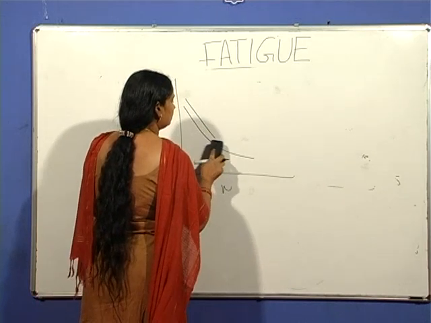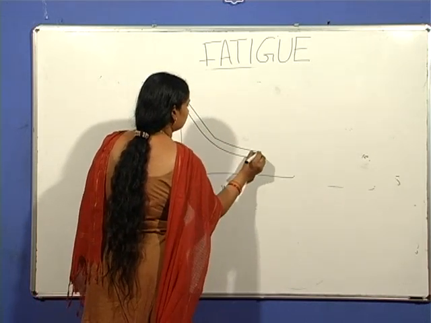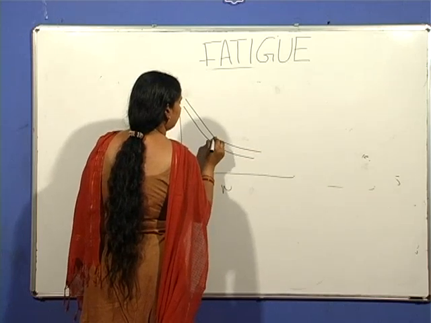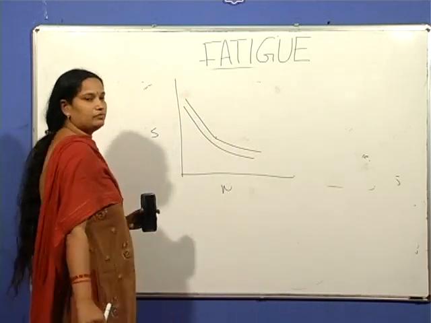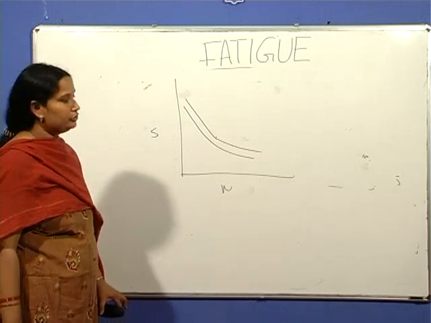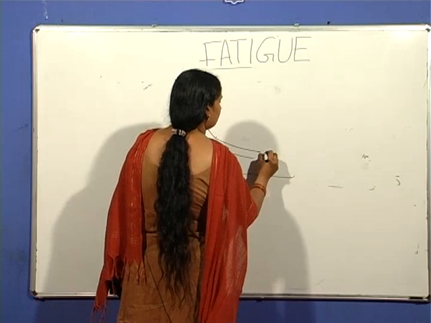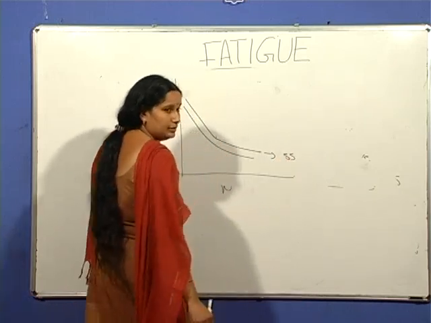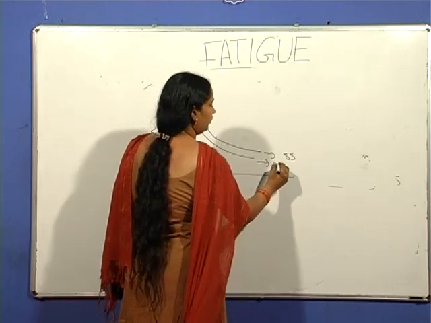solid solution, where the curve is above and it shifts to the right due to the presence of solid solution elements, and this is for the case of pure metal.